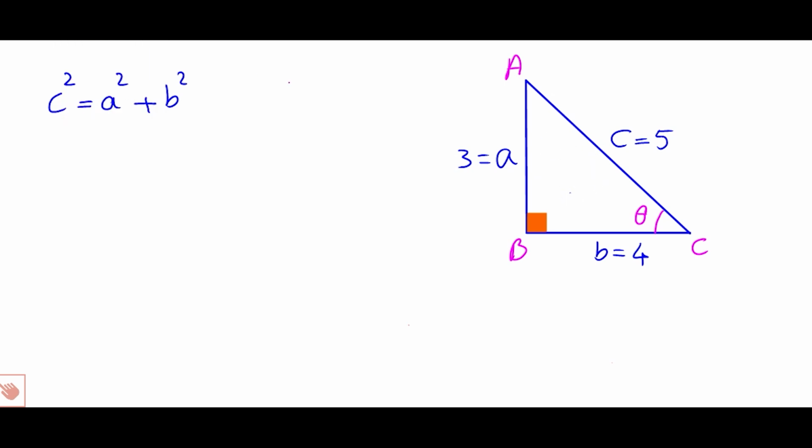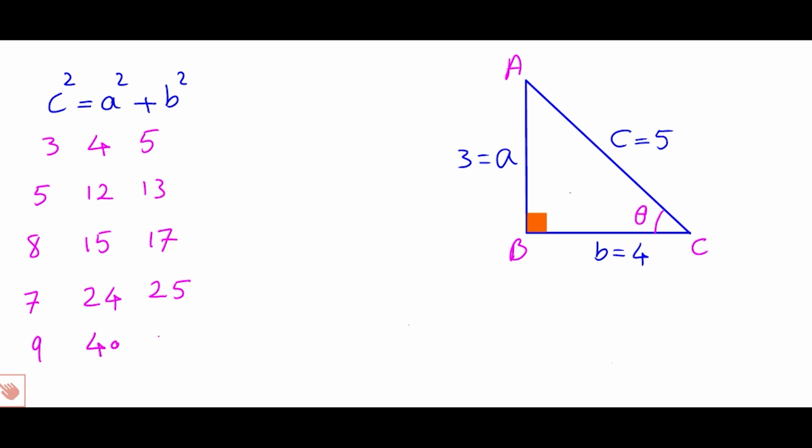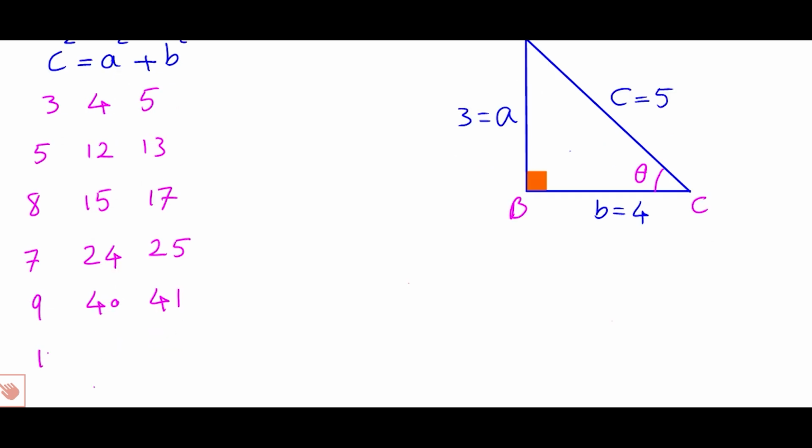For example, here 3, 4, and 5, or 5, 12, and 13, or 8, 15, 17, or 7, 24, and 25, or 9, 40, and 41, and 11, 60, and 61.